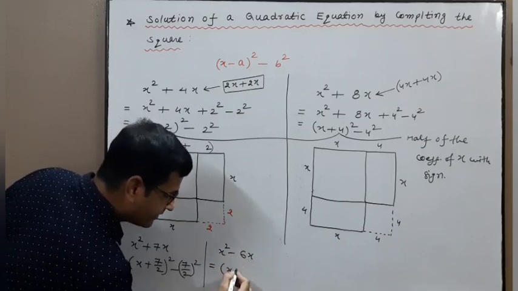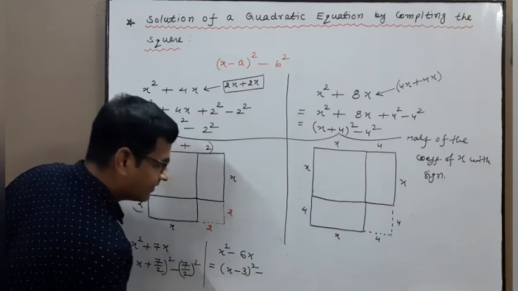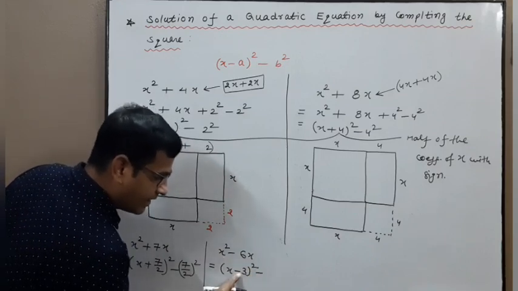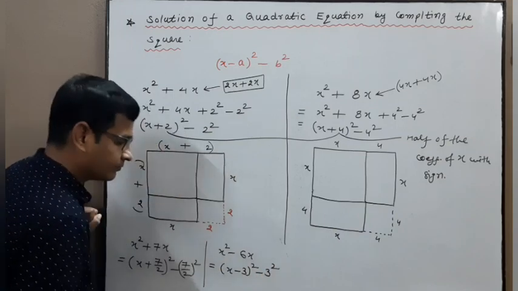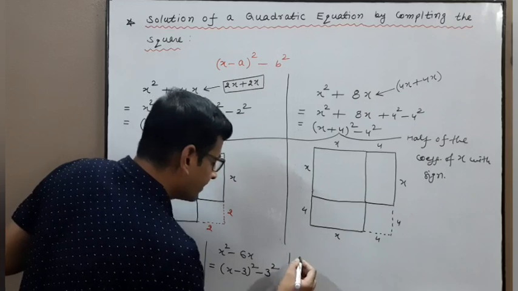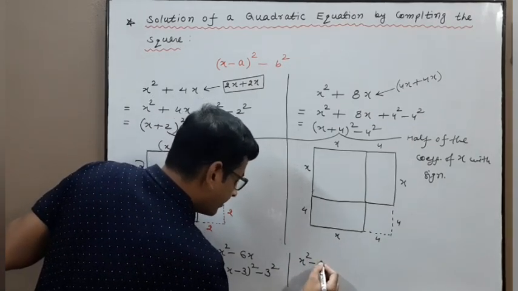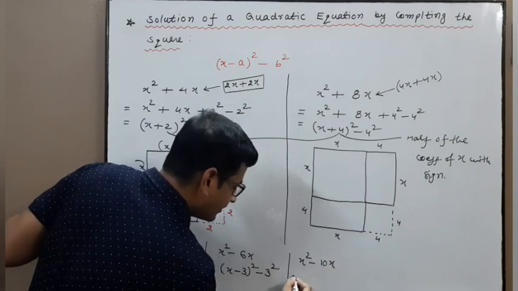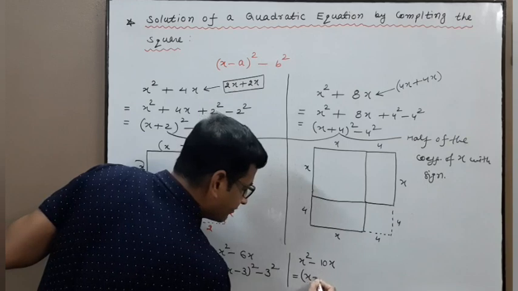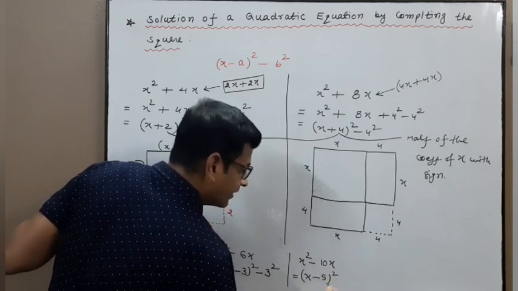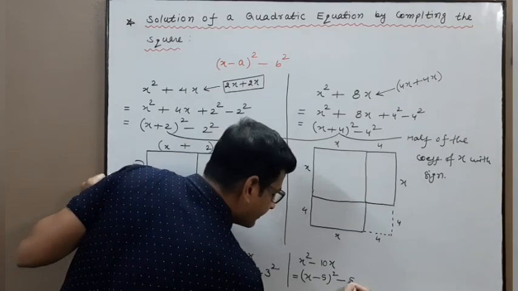So half of minus 6 is minus 3 whole square, and here always write minus and square of that number, minus 3 square. Take more examples. x square minus 10x, we can write x, half of coefficient of minus 10 is minus 5 whole square, minus 5 square.